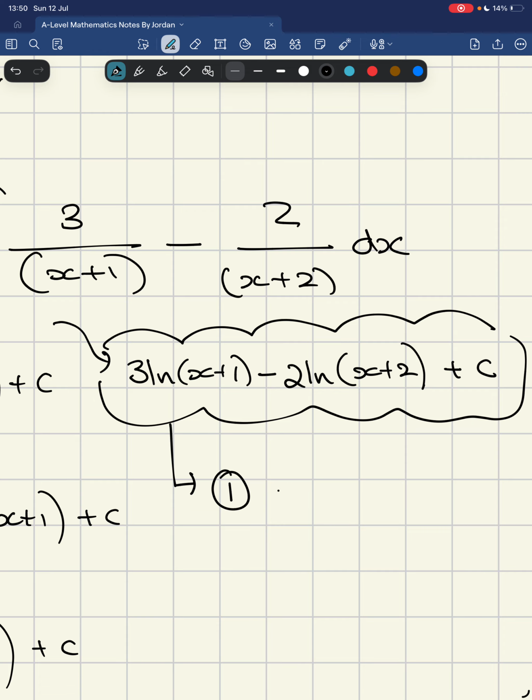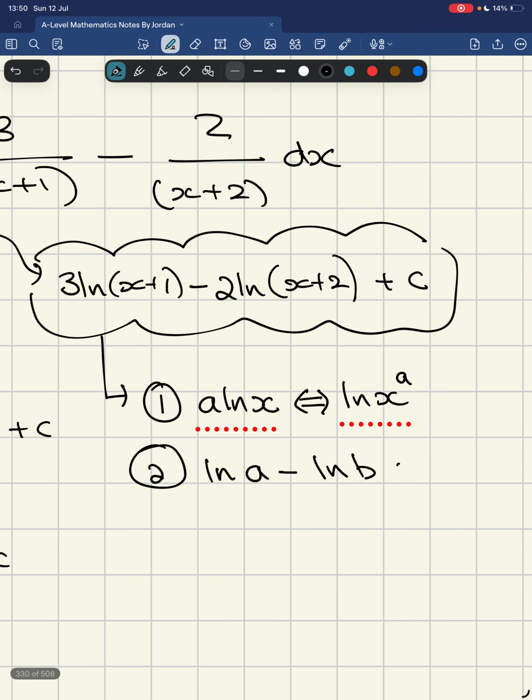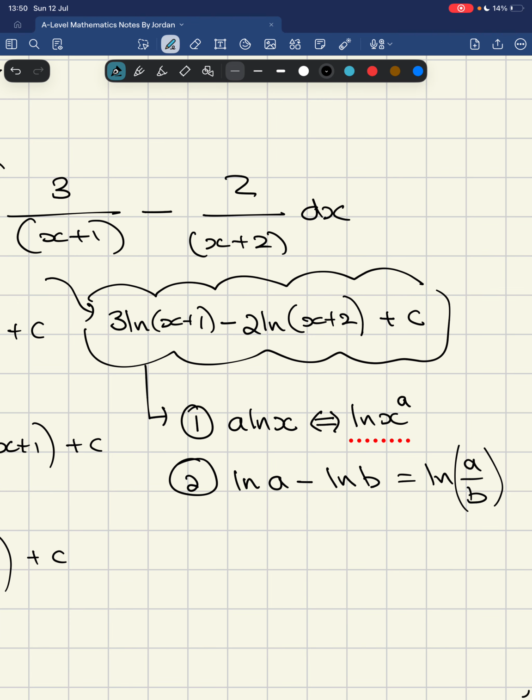So the first thing is if you have a ln x, that can interchange and become ln x to the a. And they can go back and forth. Second thing is, remember, if we have a subtraction of 2 logs here, this will give us ln a over b. So we can perform both of these.